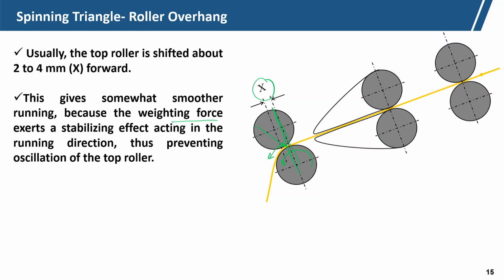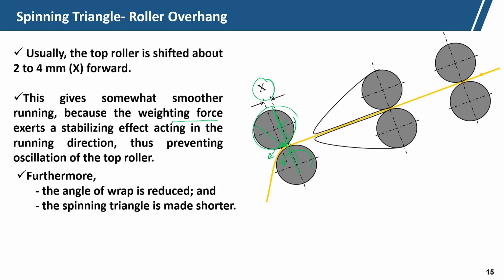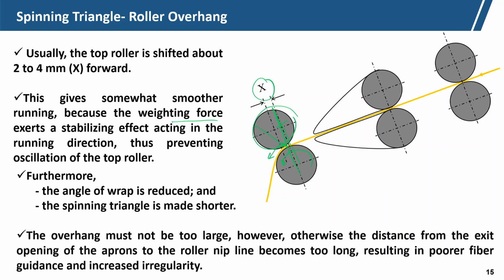on the running direction. This is the running direction, this force gives the stabilizing effect, thus preventing the oscillation. So, this top roller is actually fitted on a clamp on a bracket, so there will not be much oscillation, the oscillation will be reduced. Furthermore the angle of wrap is reduced, the spinning triangle is made shorter, but the overhang must not be too large.